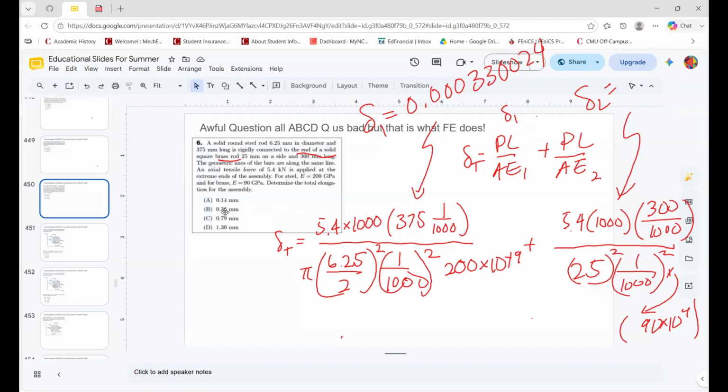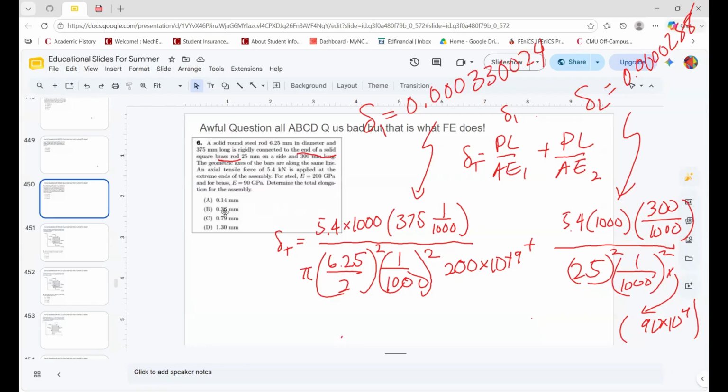5.4 multiplied by 1,000 multiplied by parentheses 300 multiplied by 1,000 divided by 25 square multiplied by parentheses 1 over 1,000 parentheses square multiplied by 90 multiplied by 10 to the square root of 9, which is about, okay, I get something really small. I don't know if this is correct, but I get something really small, which probably is correct, I honestly think.